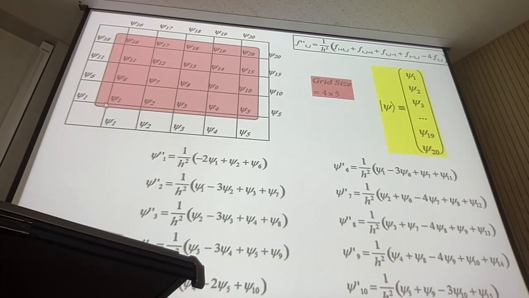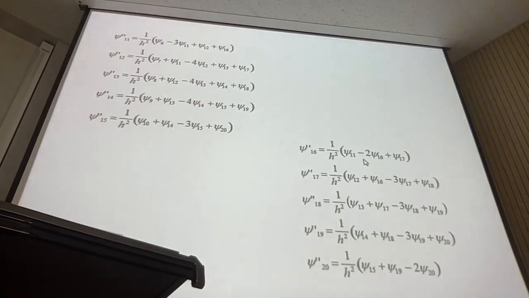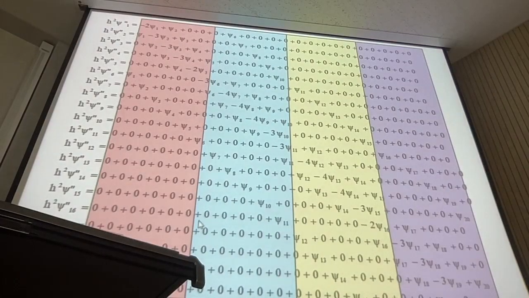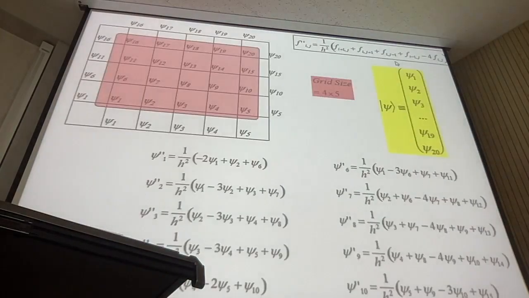So the whole dimension of psi is 20, and we have a 20 by 20 matrix, but it consists of four 5 by 5 blocks, because there exist four rows along the y-axis and 5 columns along the x-axis.